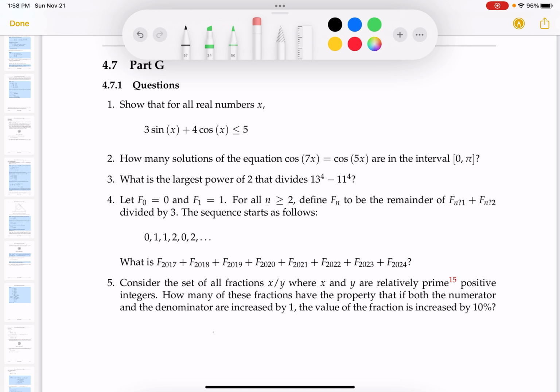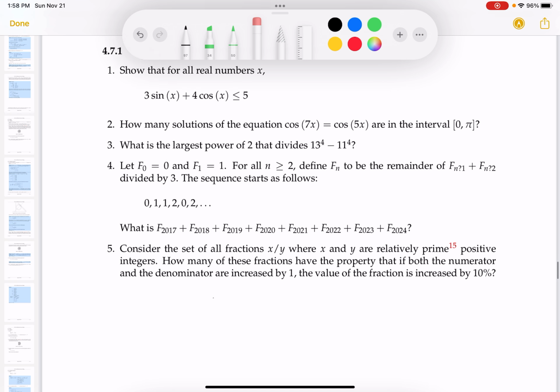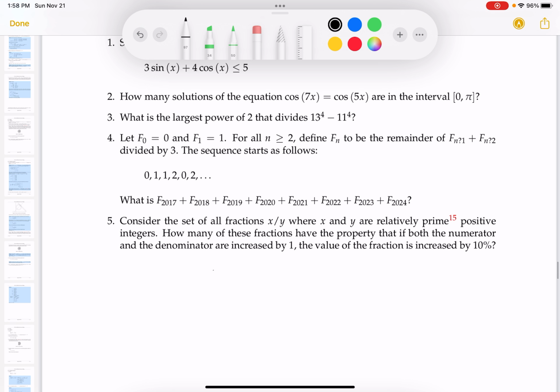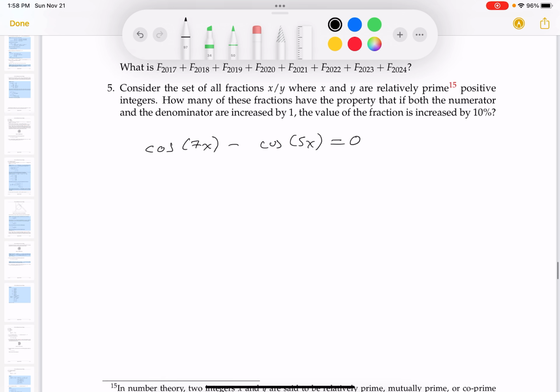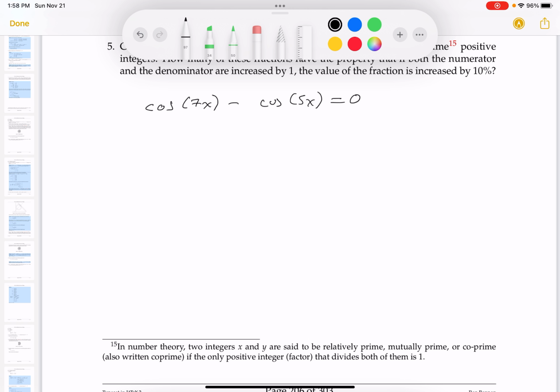And then I'm going to look at, I'm going to go for 2. All right, number 2. And let's write that down. So the first thing I would do is I like to solve things for 0 first. And that would be minus cosine 5x. Now I realize some people's background in trigonometry is better than others, and maybe they can't remember these things, but I wouldn't worry about it so much.